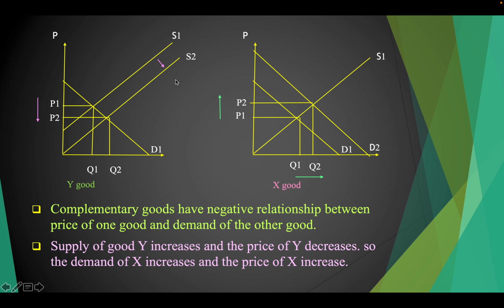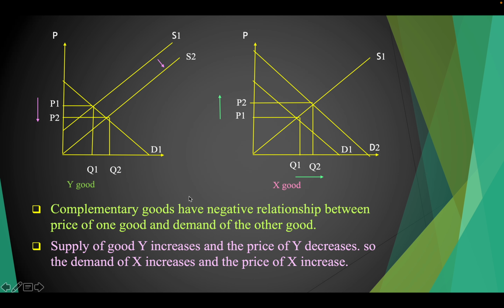The supply curve shifted rightward, and you can see the price is decreasing. When the price decreases, since complementary goods have a negative relationship between one good's price and the other good's demand, the other good's demand is increasing. That is why the demand curve shifts rightward.